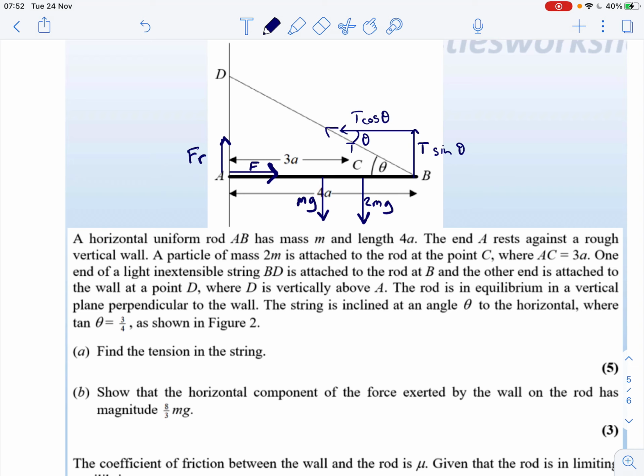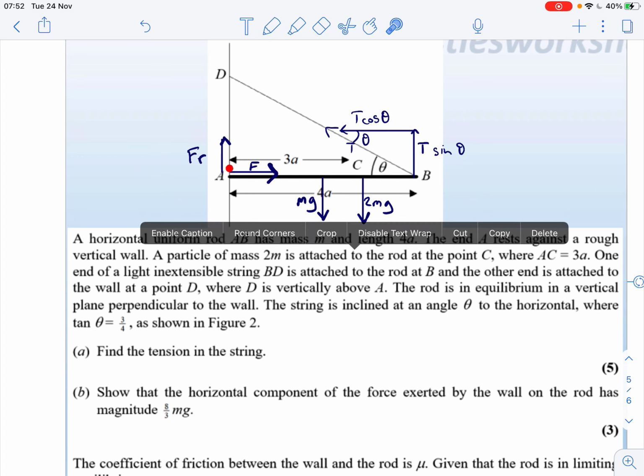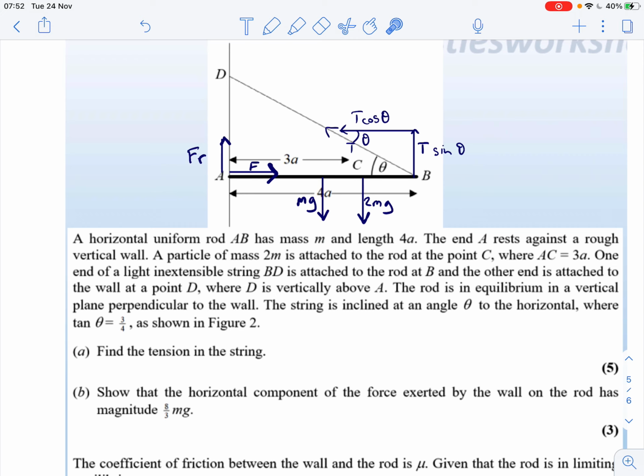So, now that I've got all this set up, all I'm trying to do is work out tension. And one way of going about this might be if I take moments at A, then I can think about T sin theta compared to our 2mg values.